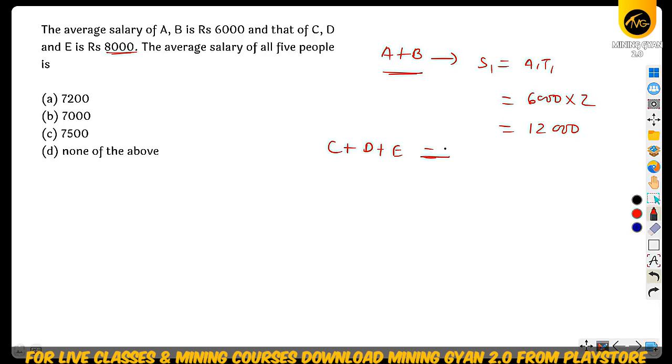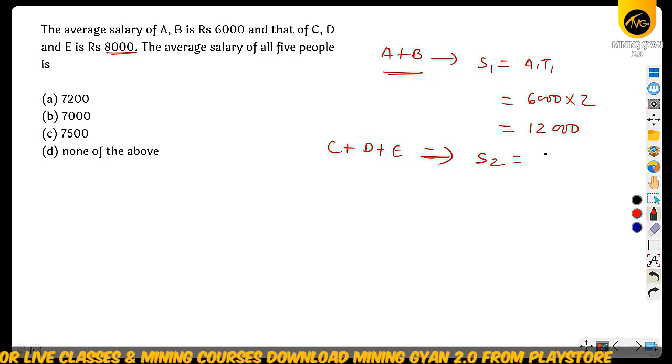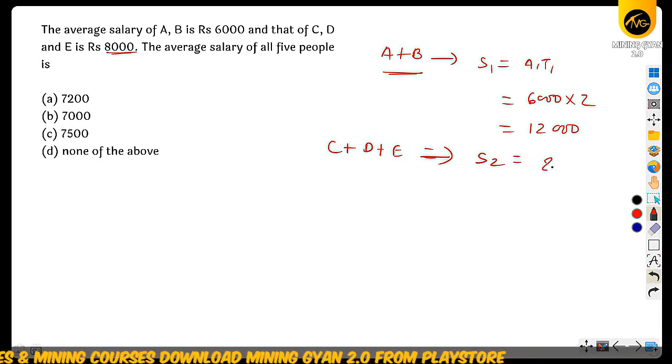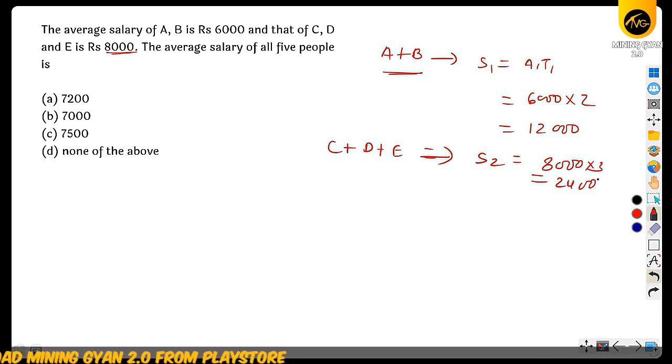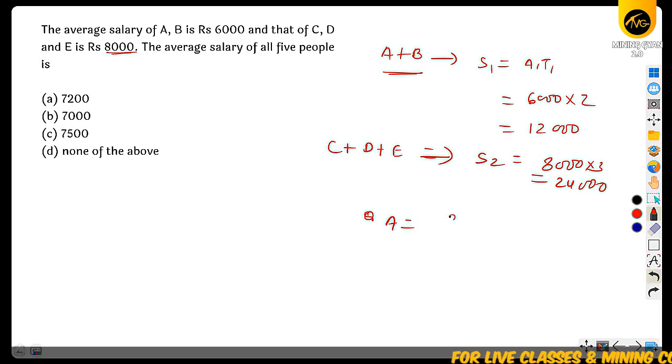So S2 is equal to A2 into T2. That is 8,000 into 3, so 24,000. Now for the average salary of all these 5 people, 12,000 and 24,000 is 36,000, and the whole is divided by 5.